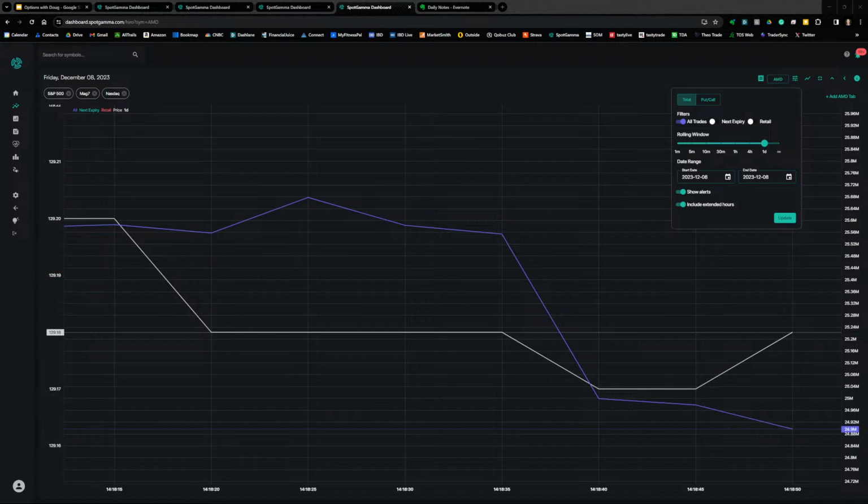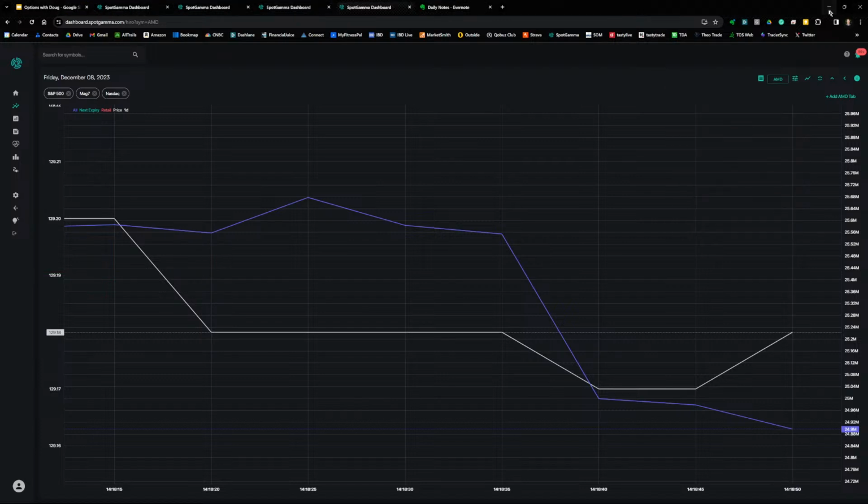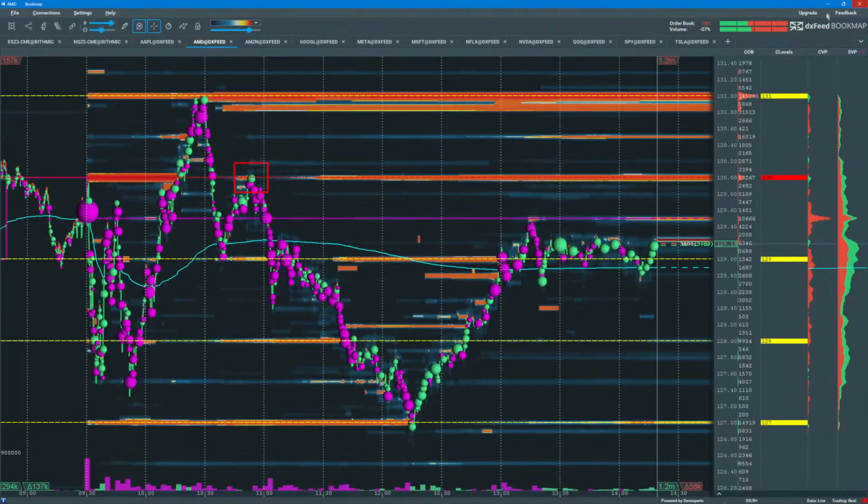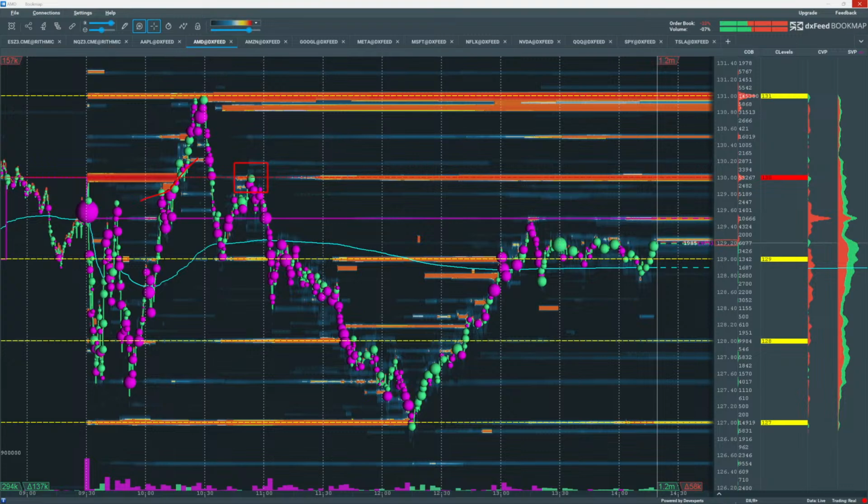Sorry about that. Let's go to Bookmap. So 130, the call wall, key gamma strike. Initially there was a breach. Wrong tool. Sorry, I'm trying to look at multiple screens at the same time. Sometimes I do grab the wrong tool. So a breach of that level before, and then it acted as resistance.